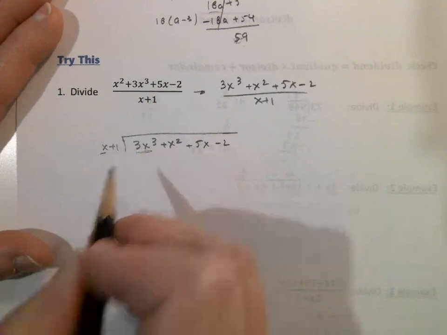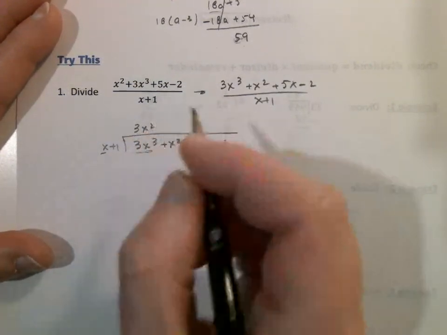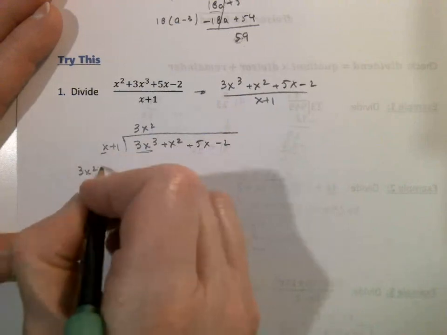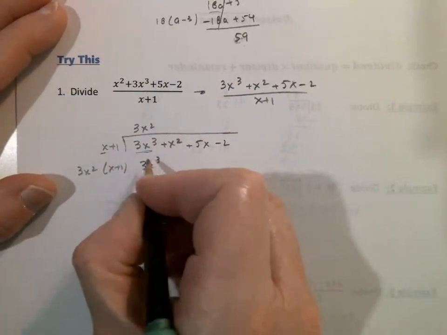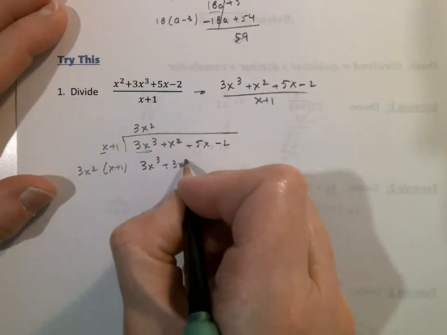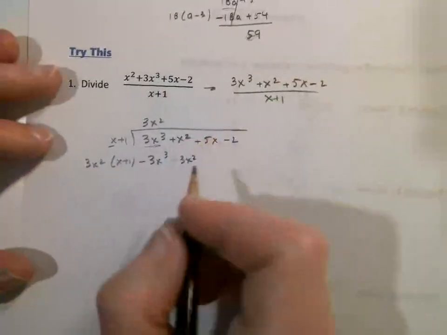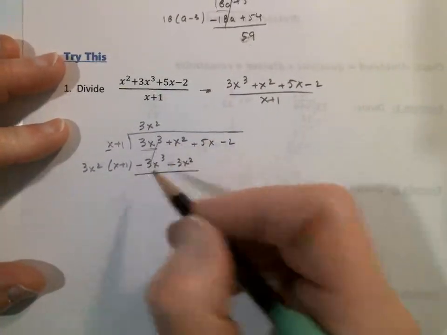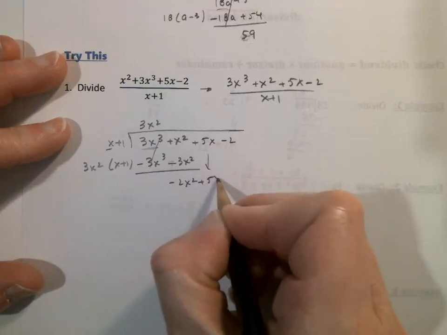I'm looking at the x. What would I multiply x by to get 3x cubed? It would be 3x squared. So 3x squared times x plus 1 gives me 3x cubed plus 3x squared. I'm subtracting, so I change the sign to remind me that I'm subtracting. Those cancel. This is negative 2x squared plus 5x.